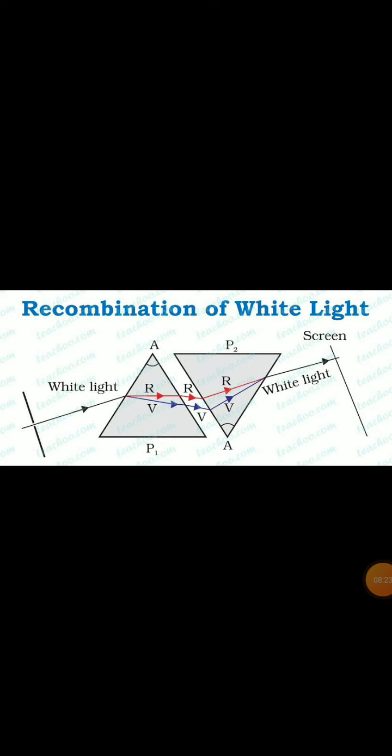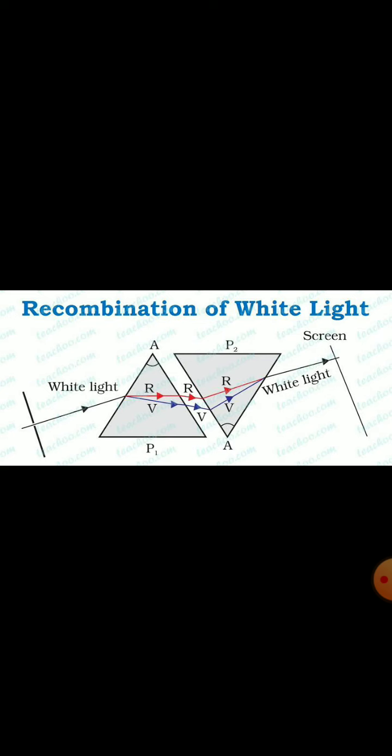From this experiment, Newton gave the idea that sunlight is made up of 7 colors. Any light that gives a spectrum similar to that of sunlight is often referred to as white light.